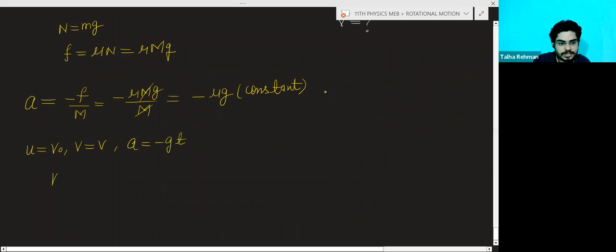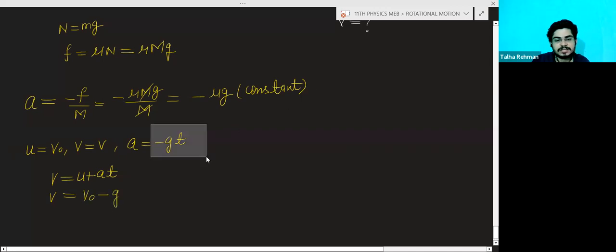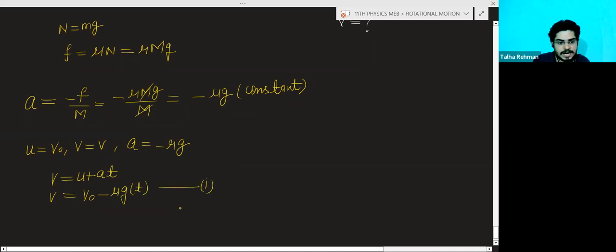So we can apply v is equal to u plus at: v is v, u is v naught, acceleration is minus mu g, so v = v naught minus mu g into t. Suppose this is equation number 1. We want to find this value, so we have to find the value of time.